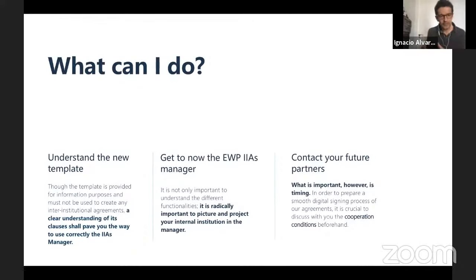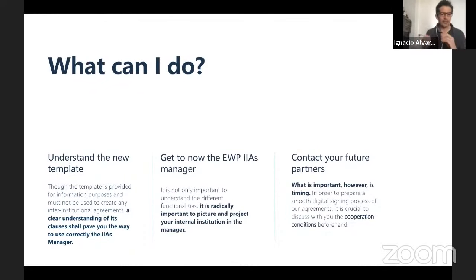So it might seem rather simplistic to say that we should understand the new template. But I'm going to put it here and connect it to the presentation of our colleague from Porto, who knows everything on how to get to know the Erasmus Without Paper manager. We should have a clear idea what means static information, which are the general conditions of the agreement, the general information of the agreement, sorry, which is in the manager, the default information for the interinstitutional agreement and the terms and conditions of the actual cooperation of the agreement.